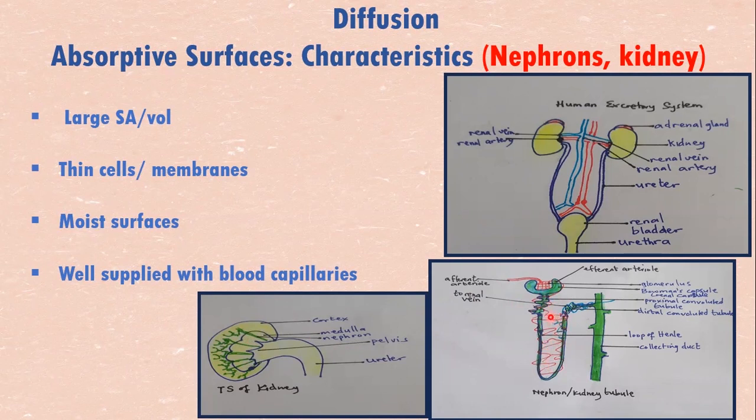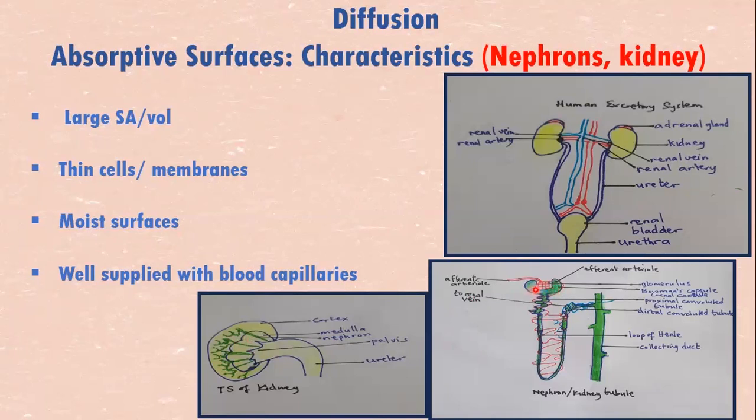1 million. And each of these nephrons is about 3 centimeters long. And all the nephrons together in this one kidney are about 120 kilometers long. You see how long it is? It presents a large surface area. Blood flows into each nephron, and the substances in the blood diffuse into this nephron.